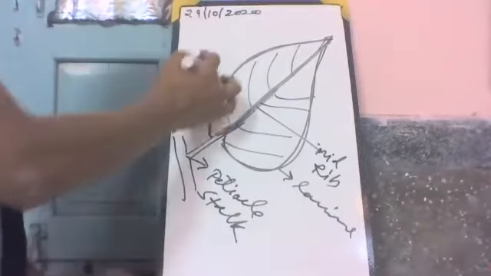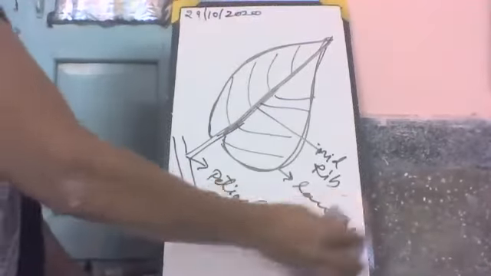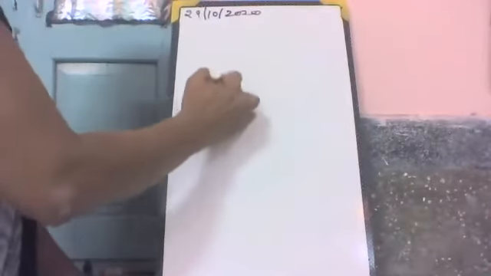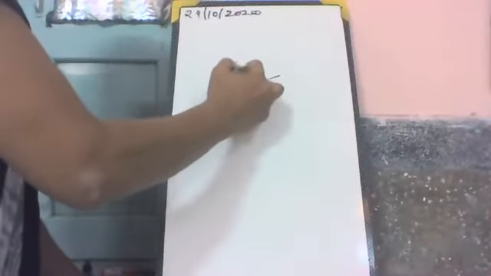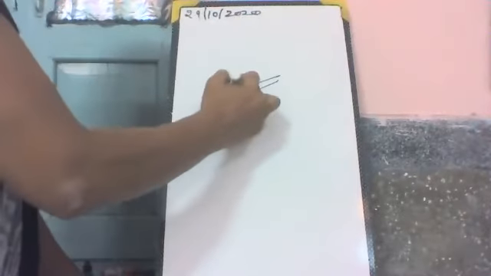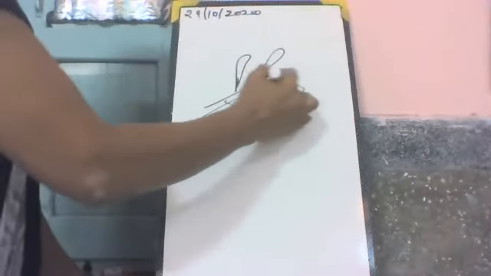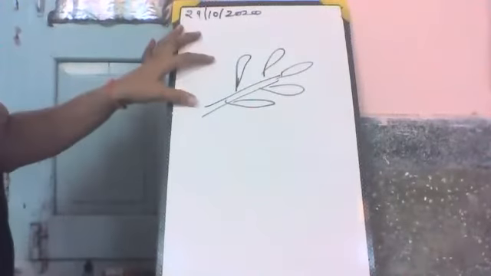But in some cases, many leaves arise at one petiole. See, it's a petiole. From here, there are many leaves present. This type of formation of leaves is known as compound leaf.